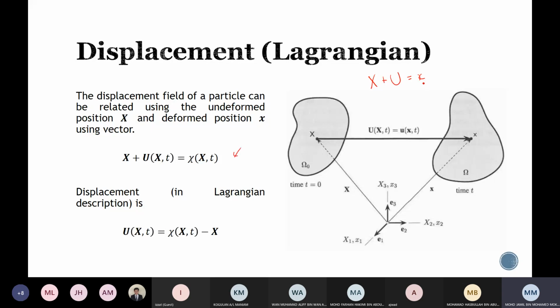This x here can be written in terms of the mapping chi. So that's why here you get X plus big U equals the mapping chi. So to get the displacement, U equals mapping minus X, or small x minus big X. Okay, so this is the displacement of each particle.